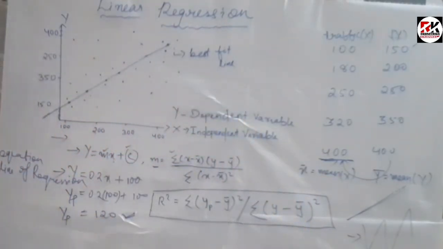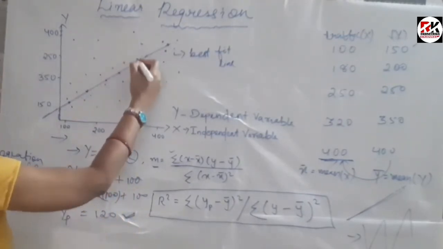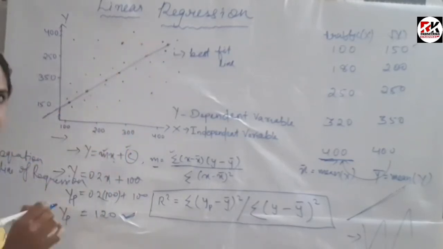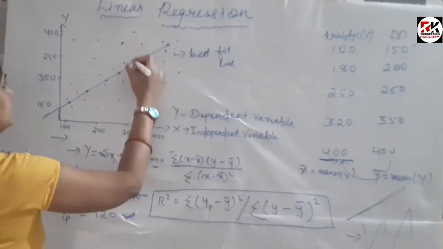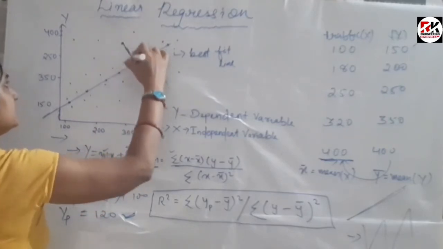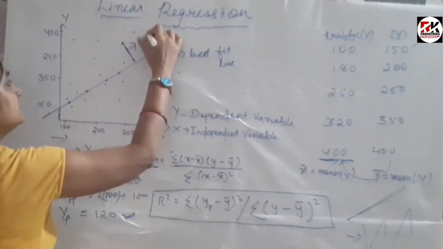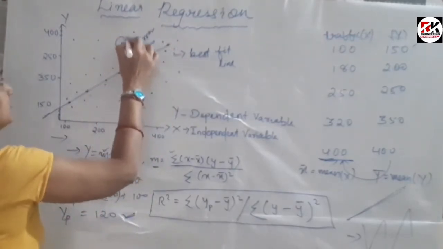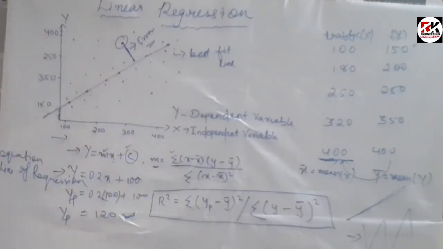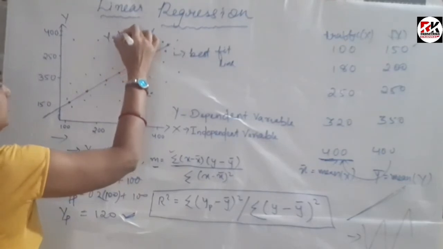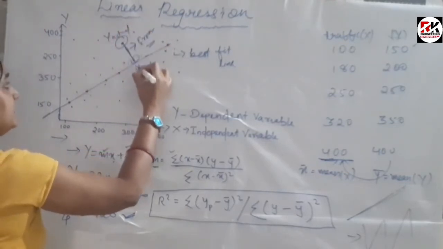Suppose my y value is somewhere over here, and I am getting my predicted values over here. This distance is the error, because this is my y actual value and this is my predicted value.